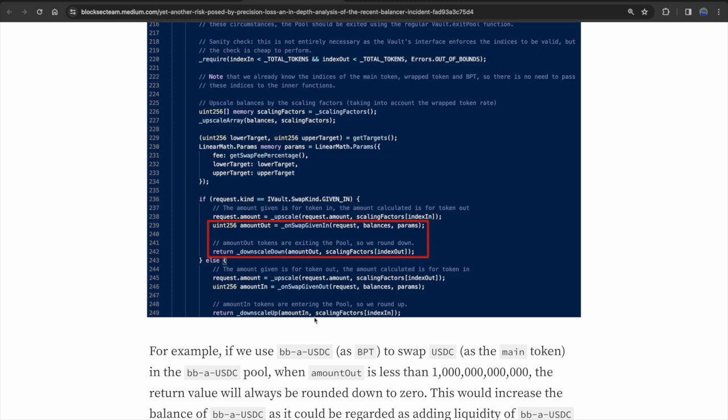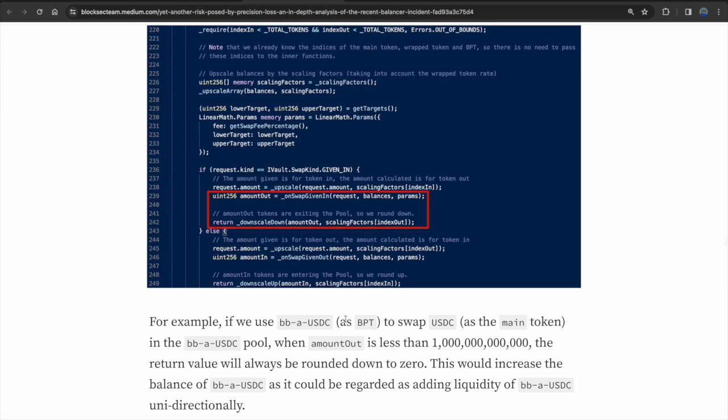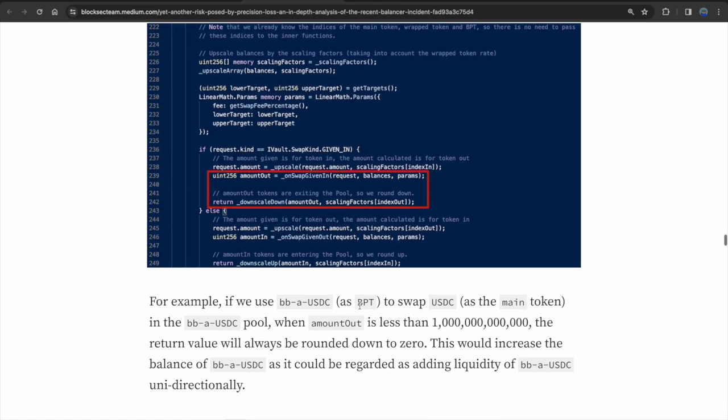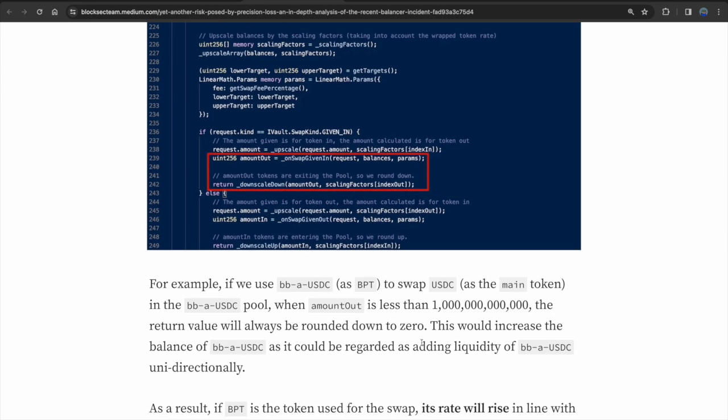And when you increase the balance or add liquidity to another pool, this can change the rate of that liquidity pool. That can change what the other token is being swapped for. So in this example, BPT is used to swap for USDC. And when they round down, this increases the balance of BPT.